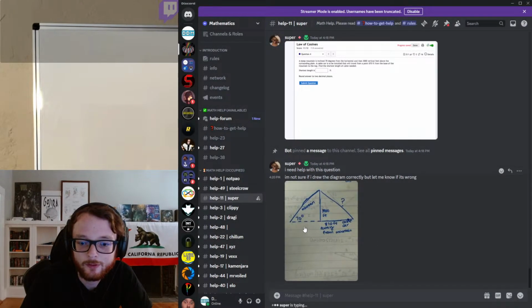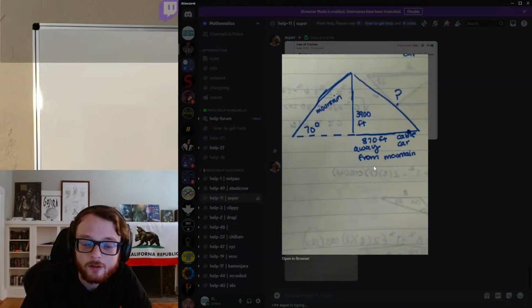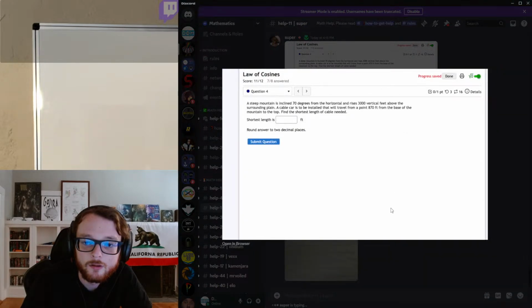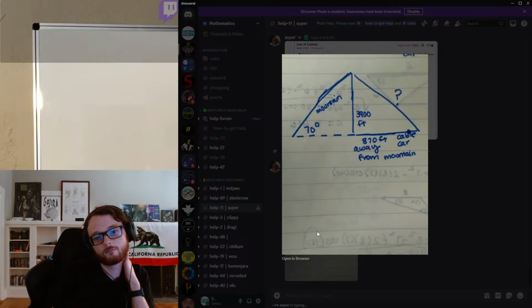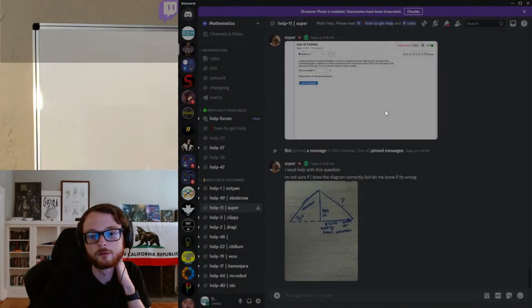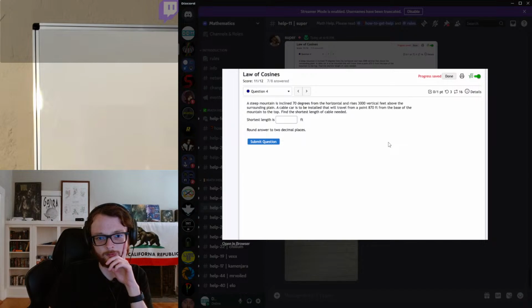I think these are 3,000 vertical feet. Wait, 3,900? I don't know why they wrote 3,900 vertical feet. From the base of the mountain.